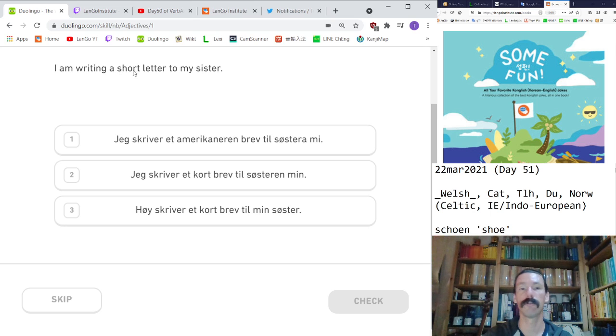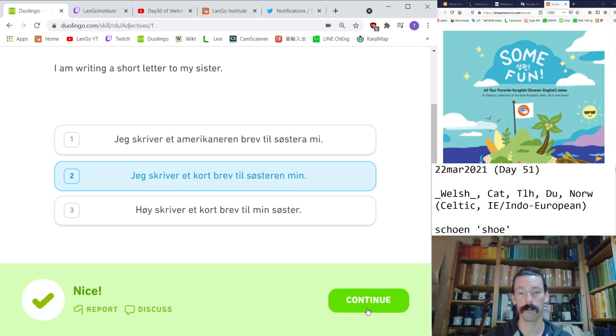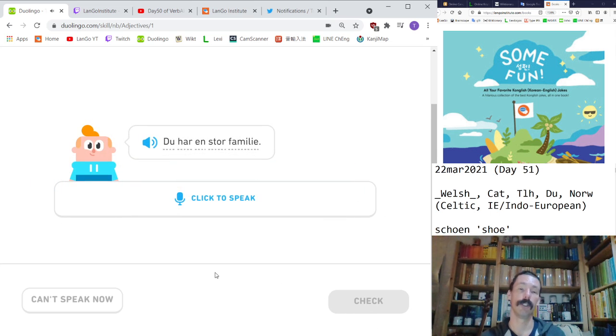Jeg skriver et kort brev til søsteren min. There. Du har en stor familie. Big family.